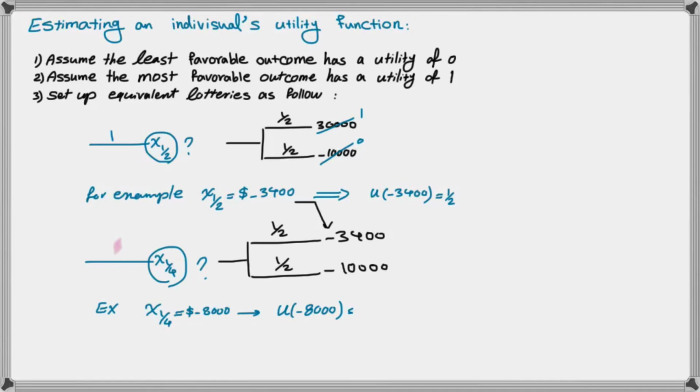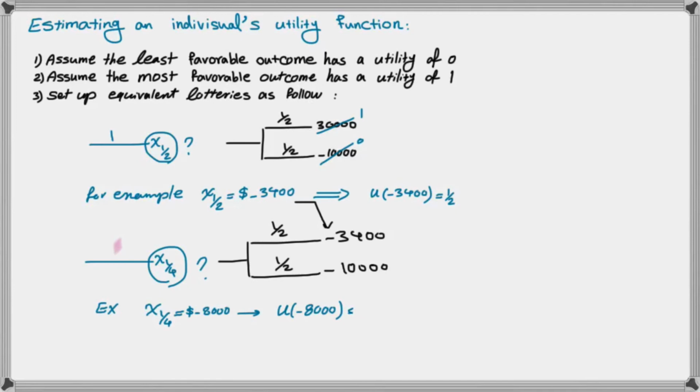We're going to talk about it in the next lesson, but for now, accept that these X values that we find are purely based on how we feel about these two lotteries and what makes them equivalent for us. So the person says losing $8,000 with a probability of 100% is the same as losing $3,400 with a probability of 50% or losing $10,000 with a probability of 50%.